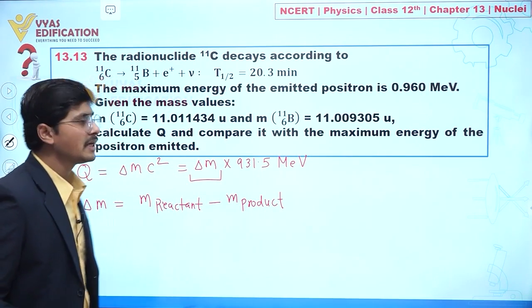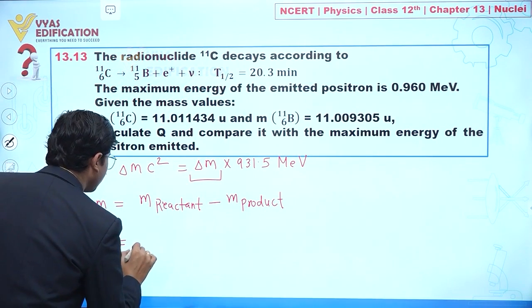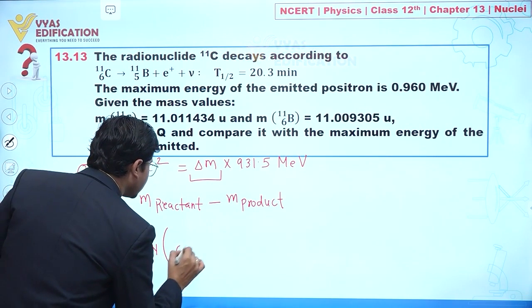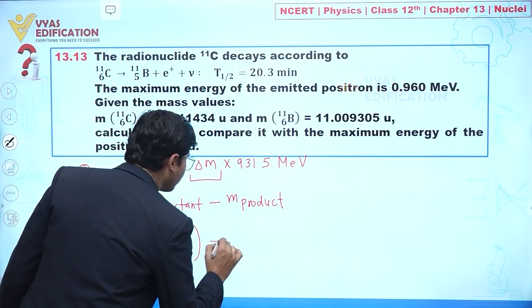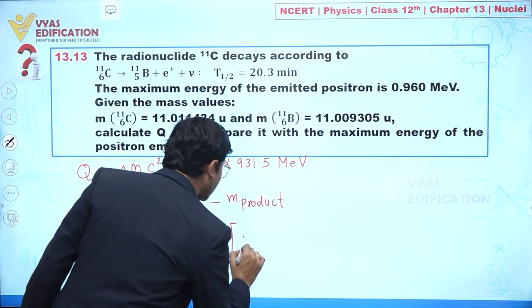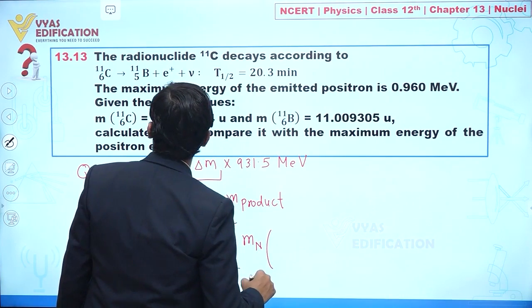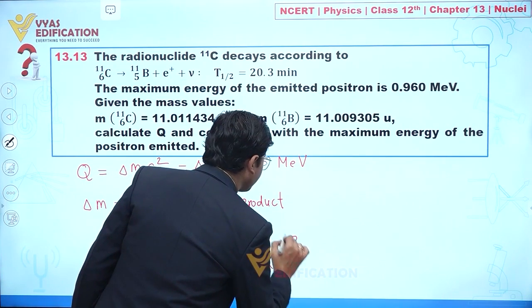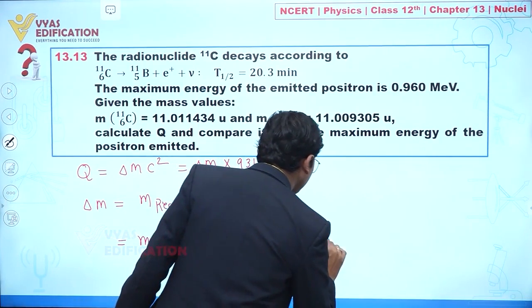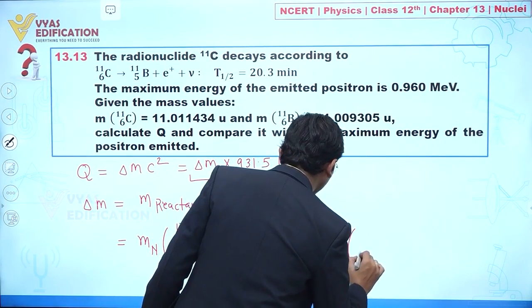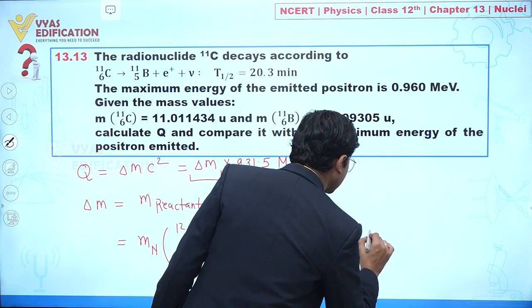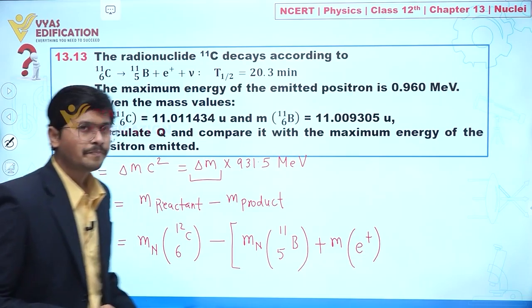So now in this equation we are writing the mass of this nuclei, that is 6C11, clear, minus, now on the product side we have the mass of the nuclei of 5B11, clear, and we have one more, that is the positron. So directly we can say the mass of the positron, you can write it like this, e plus, clear to you.